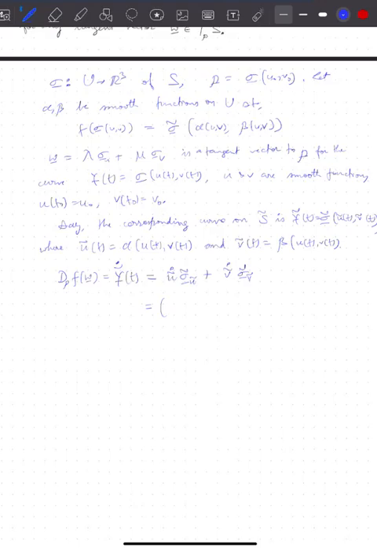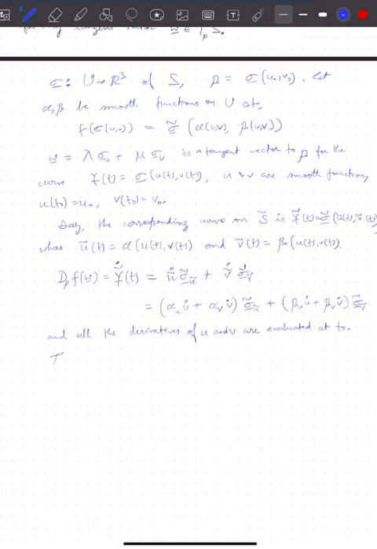And likewise v tilde dot is beta_u u dot plus beta_v v dot, and all the derivatives are evaluated at t naught, right?